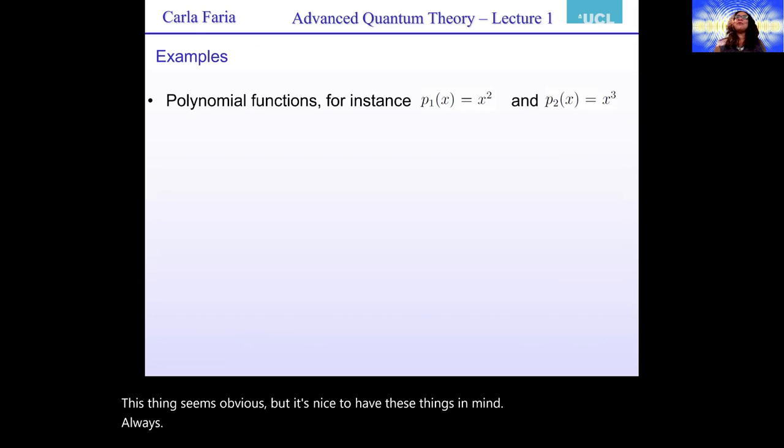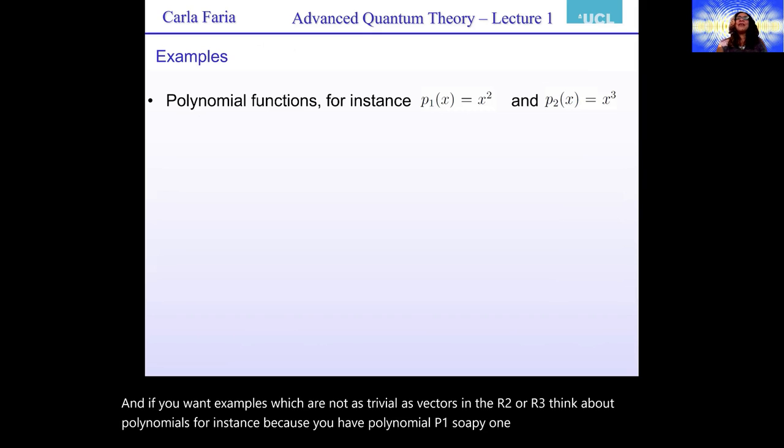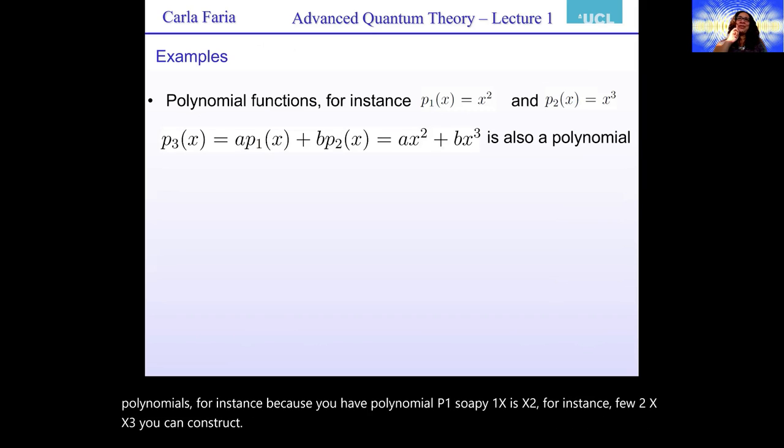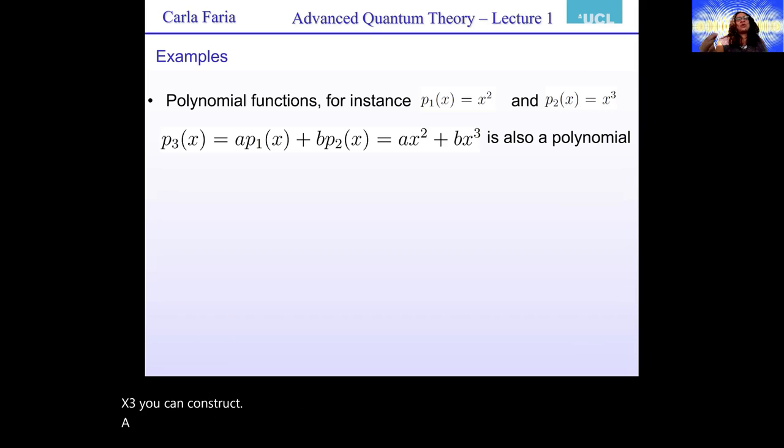And if you want examples which are not as trivial as vectors in R2 or R3, think about polynomials, for instance. You have polynomial P1, so P1(x) is x squared, for instance, P2(x) is x cubed. You can construct a polynomial P3, right? And you can see that this is also a polynomial.